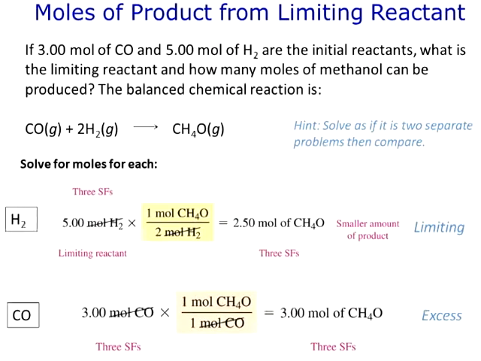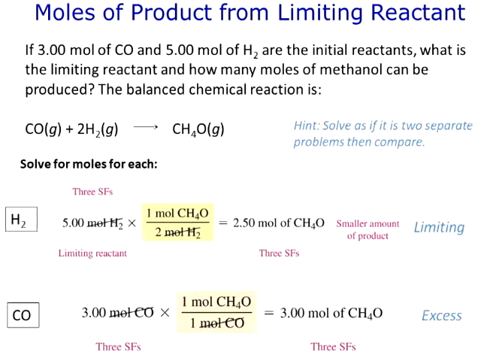So let's work a problem using the concept. Here's the problem. If 3 moles of carbon monoxide and 5 moles of hydrogen are the initial reactants, what is the limiting reactant and how many moles of methanol can be produced according to the equation shown here?